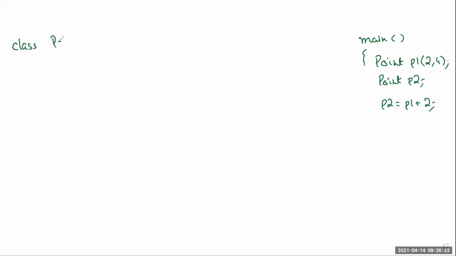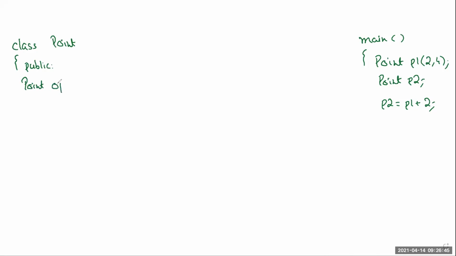So class point. Okay, you can write the data and everything. I'll just be writing the function. Okay, so when you add 2 to a point, the answer is also a point, right? In which you have added 2 in the x coordinate and y coordinate. So we say, okay, return type is simple, it must be point.